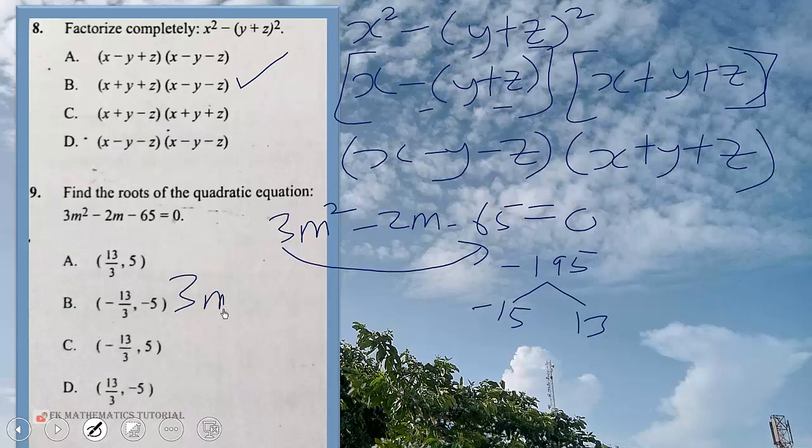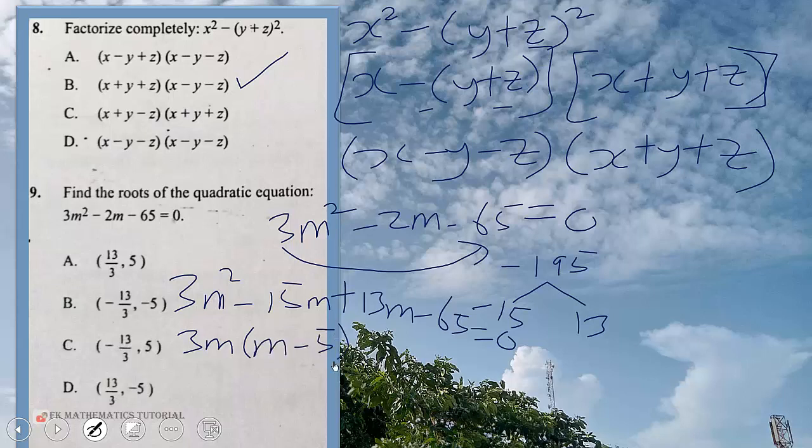So 3m squared minus 15m plus 13m minus 65 is equal to 0. So 3m outside, we have m minus 5. Then we also have plus 13 outside, we have m minus 5, equals 0.